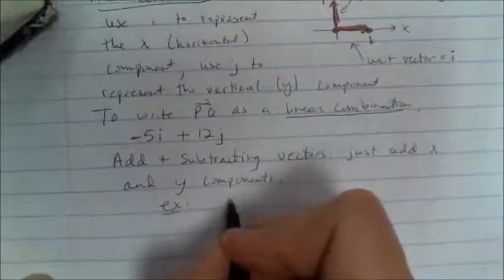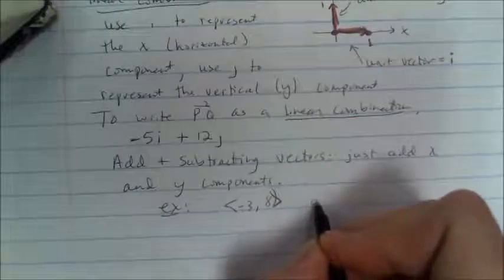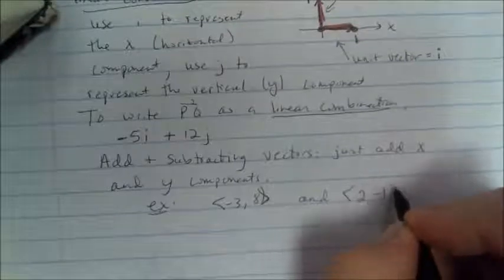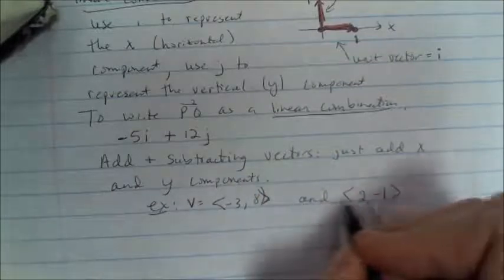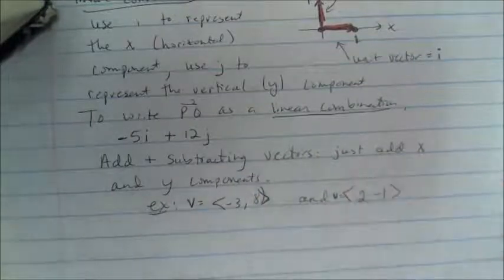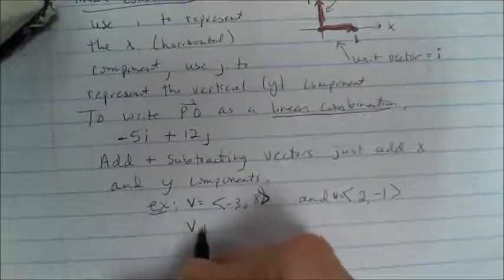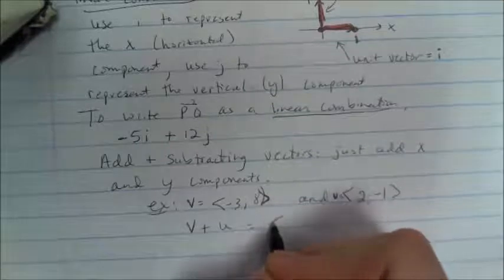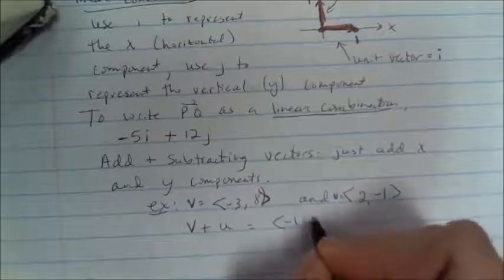For example, if we wanted to add the vector -3, 8 and 2, -1. Let's say the vector v is equal to that, and the vector u is equal to that. So we've got a v defined as this, a u defined as this. If we want to say v plus u, all we're doing is adding those two vectors. You just add the x's together. It's so easy. -3 plus 2 is -1, and 8 plus -1 is 7.